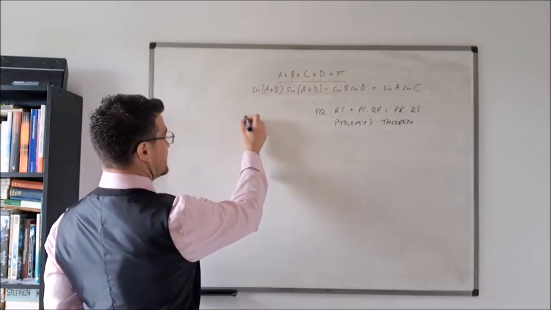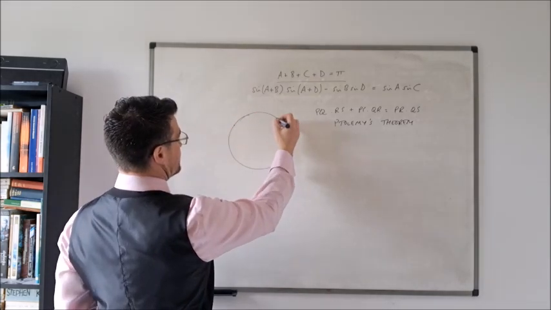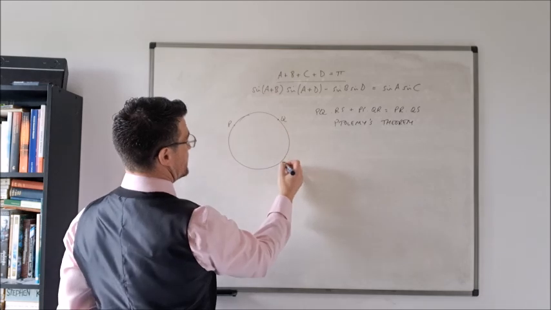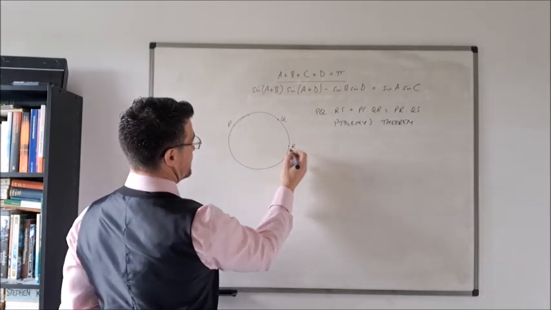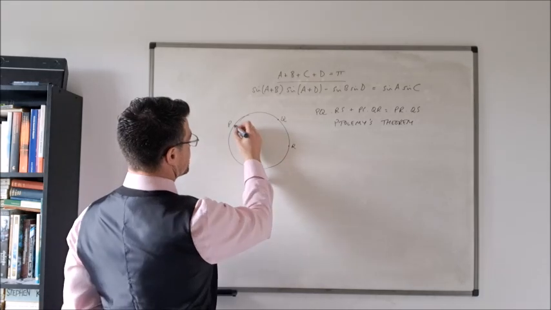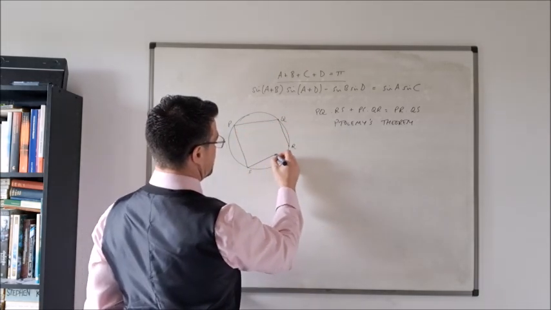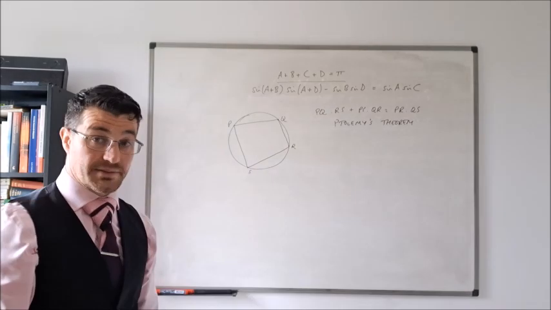If I'd been a little bit more careful, P, Q, R, S, I would have possibly first of all realized that the center, I don't even need to worry about the center.